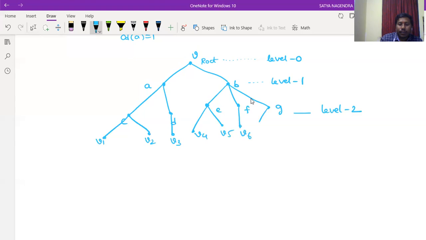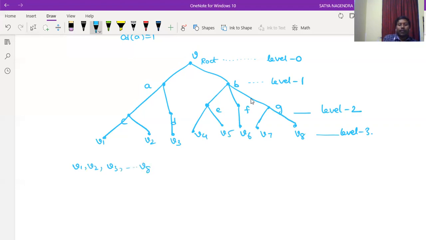From G, V7, V8, like this. All these are at level 3. So you observe these vertices V1, V2, V3 and so on up to V8.